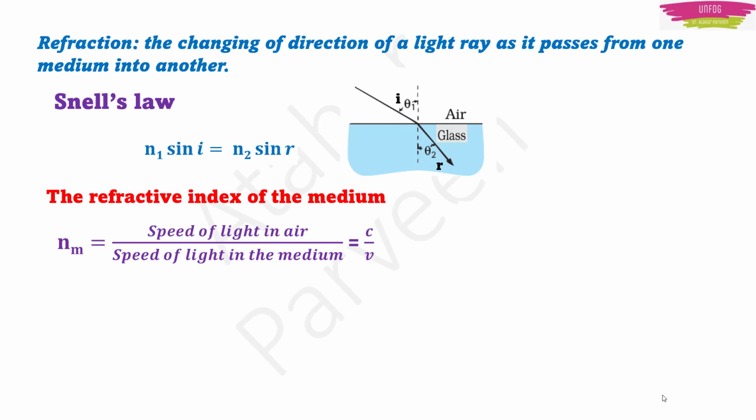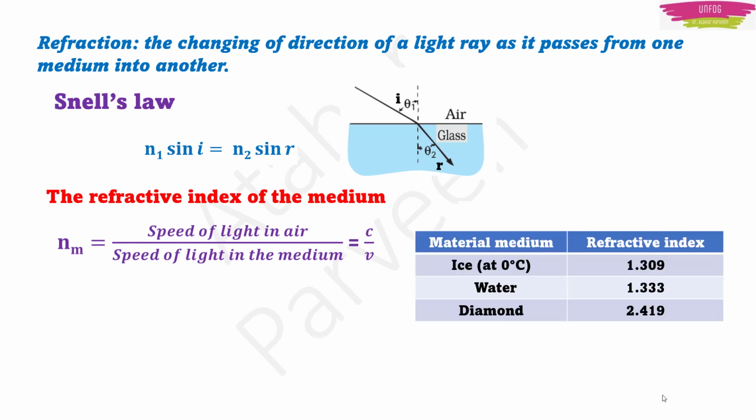We know that the speed of light in air is 3 into 10 raised to 8 meters per second, right? So the refractive index will be equal to the speed of light in air, c, upon the speed of light in the medium. The speed of light in the medium will be mentioned in the numerical. You should know the speed of light in air, which is 3 into 10 raised to 8 meters per second. Then the speed of light in the medium will be given, and you can easily find the refractive index.